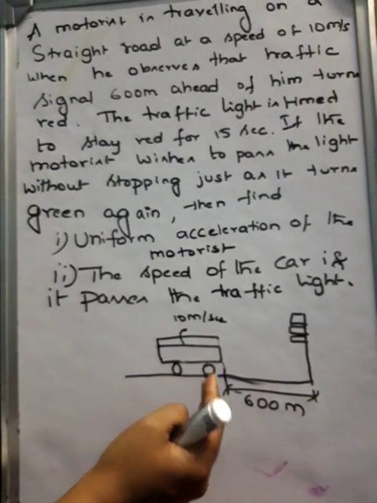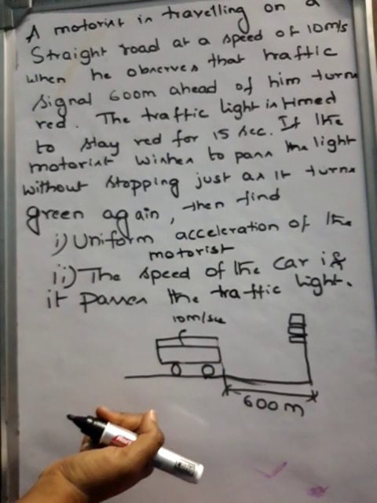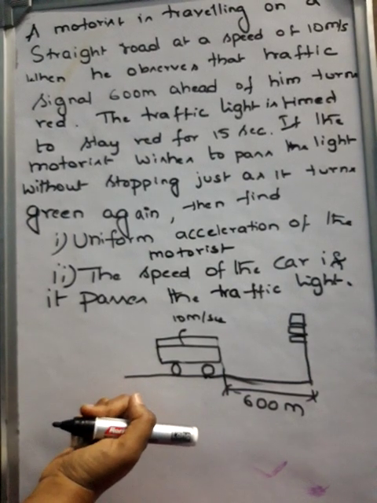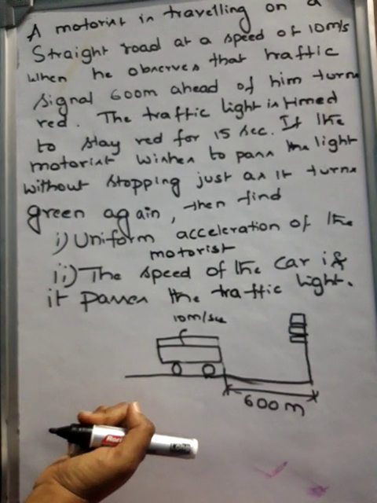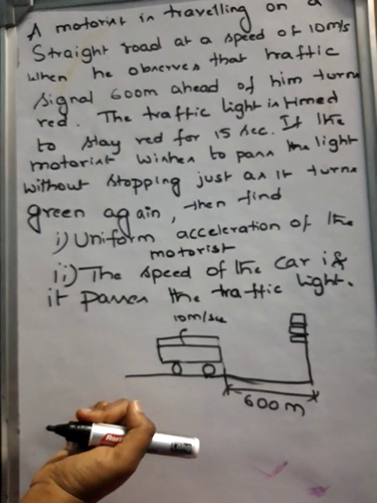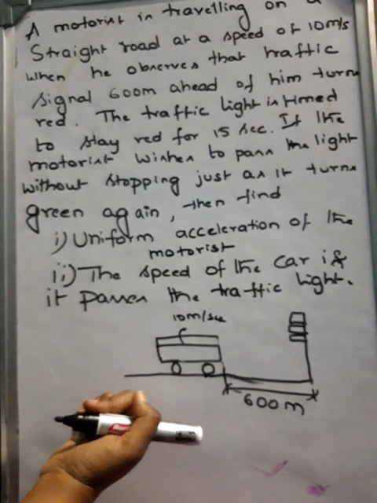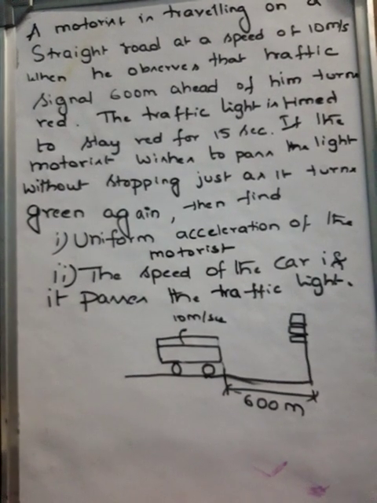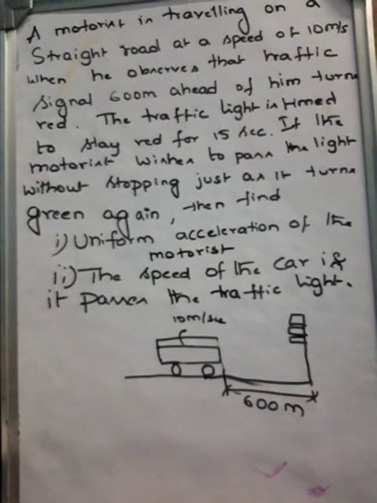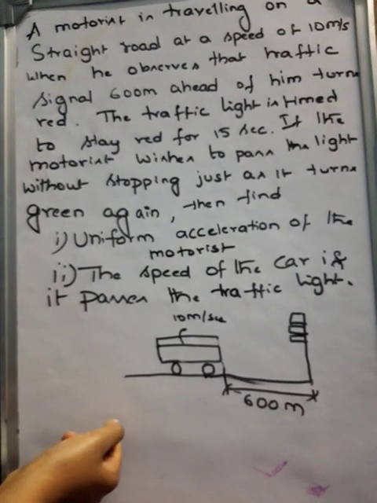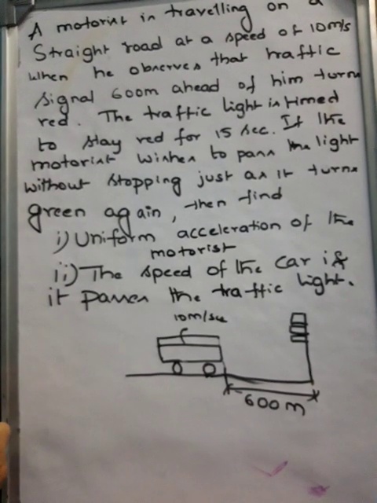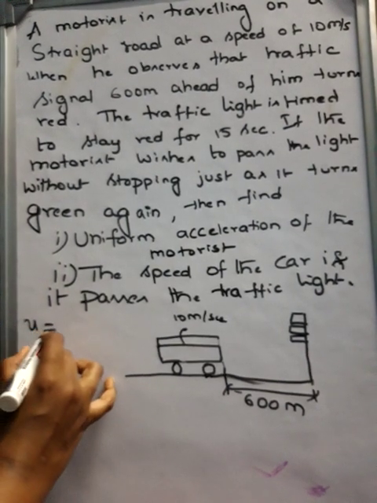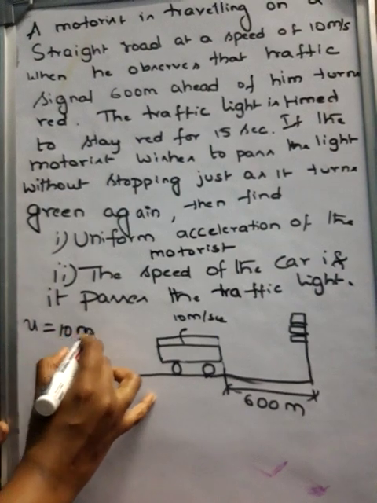Now for this you are supposed to calculate the uniform acceleration, then the speed of the motorcycle as it passes the red light. So first, you are supposed to calculate the acceleration. Then you are supposed to calculate the final velocity here. Now, the u value is the initial velocity they have given, that is 10 meter per second.